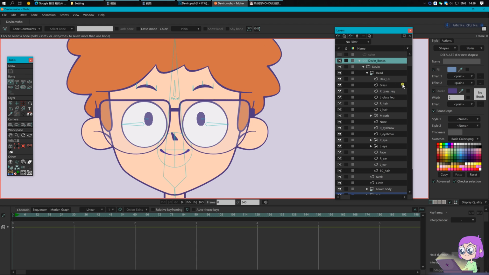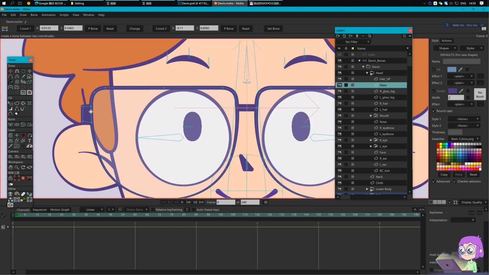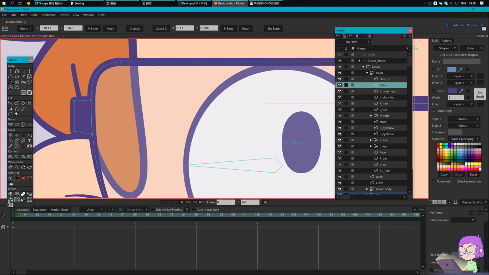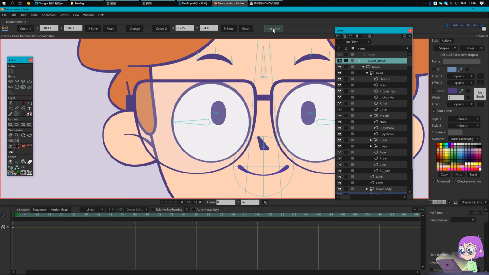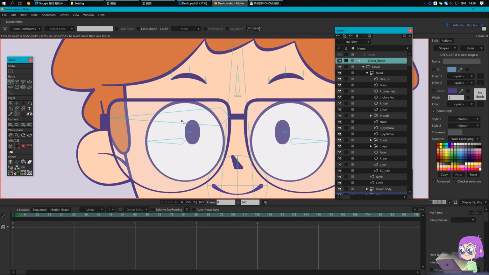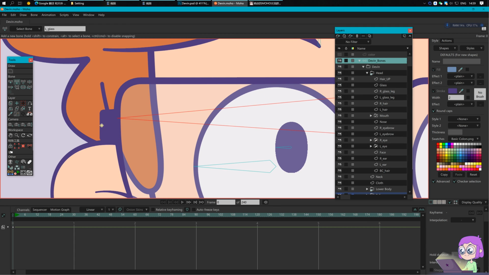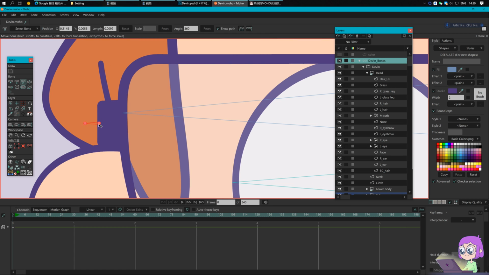Next, set bones of the glasses. Set a bone and bind it to the left spectacle lens. Then set a bone of the glasses leg.